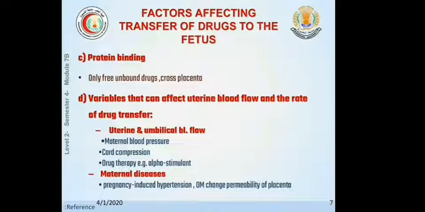So the maternal diseases can affect the transfer of drugs through the placenta. So the factors are molecular weight of the drugs, lipid solubility and ionization, protein binding, and any factors affecting the uterine blood flow to the fetus.